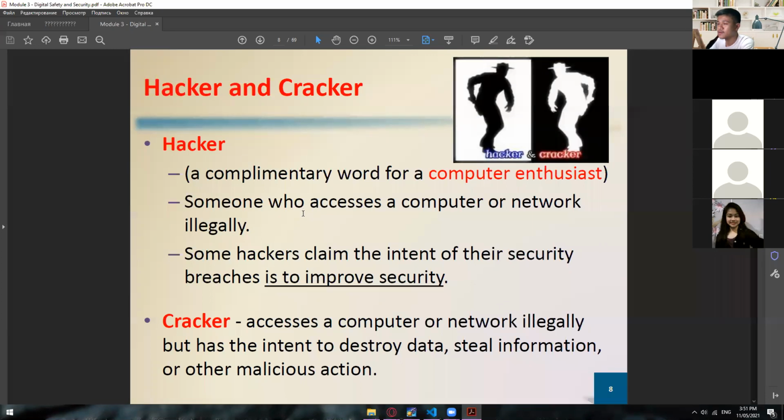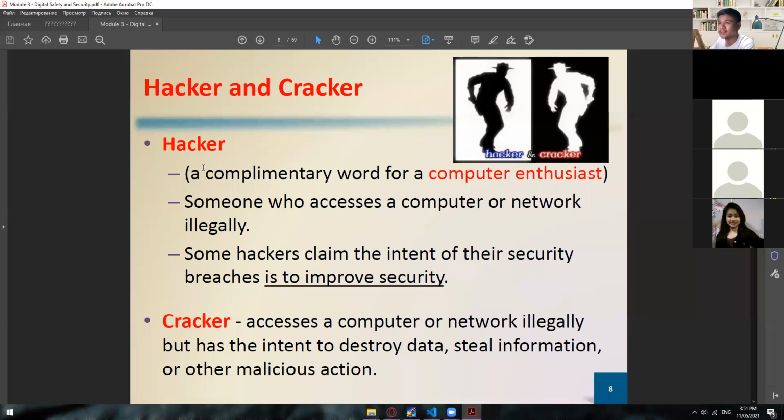Okay, so one misconception in the world of technology right now is the word hacker. Before, the word hacker was just a complimentary word for someone who's, let's say, a computer enthusiast or a genius when it comes to computers. But as time goes on, some of them are using their knowledge to do bad things.